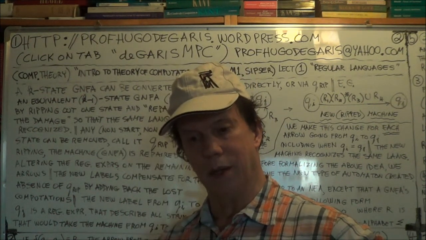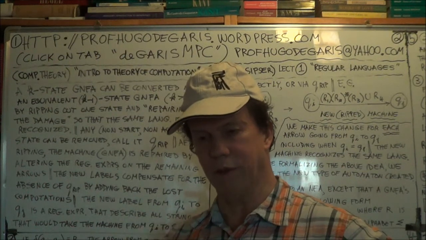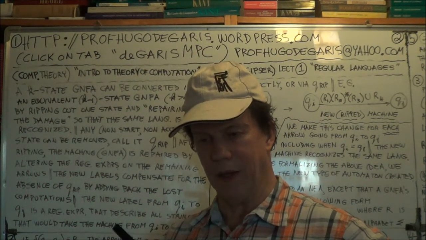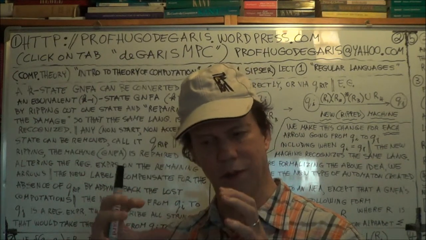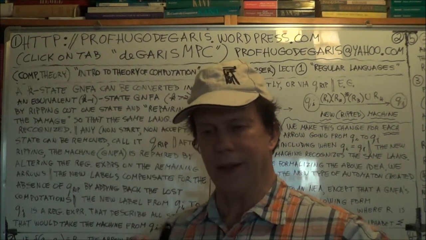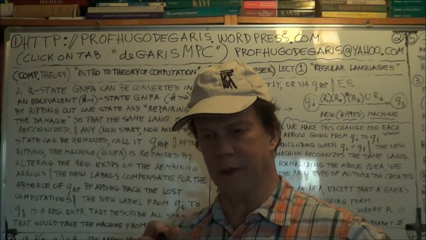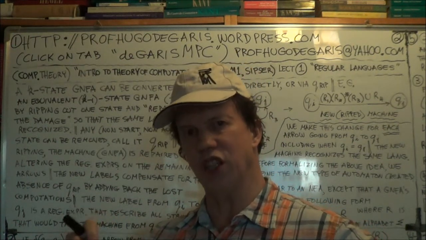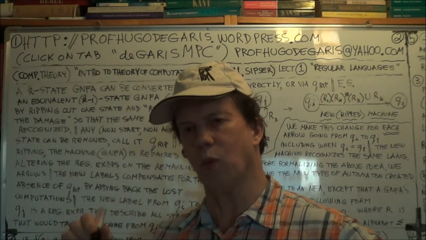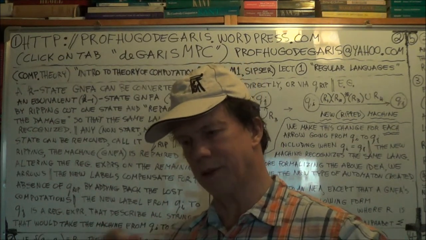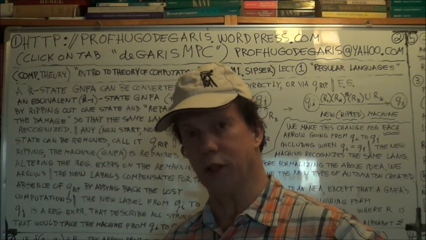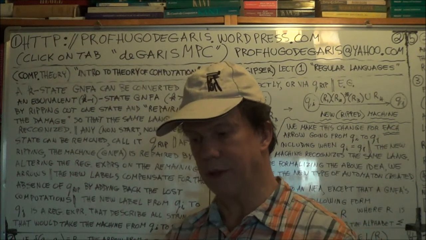How to go from a DFA, convert it into a GNFA, and then shrink it step by step to a sequence of GNFAs, each one with one state less than the one before, until you get down to a GNFA with only two states.